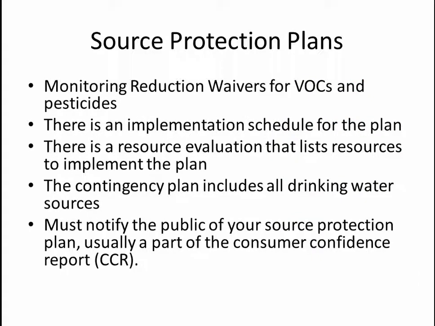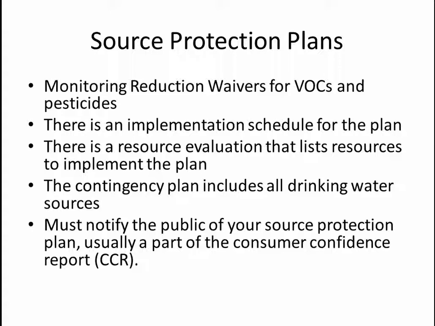So part of your source protection plan includes monitoring waivers for VOC sampling and pesticide sampling. That's important to remember because those waivers are tied to your source protection plan. There's an implementation schedule that you have to follow for your source protection plan, and a resource evaluation that lists resources that you can use to implement your plan.